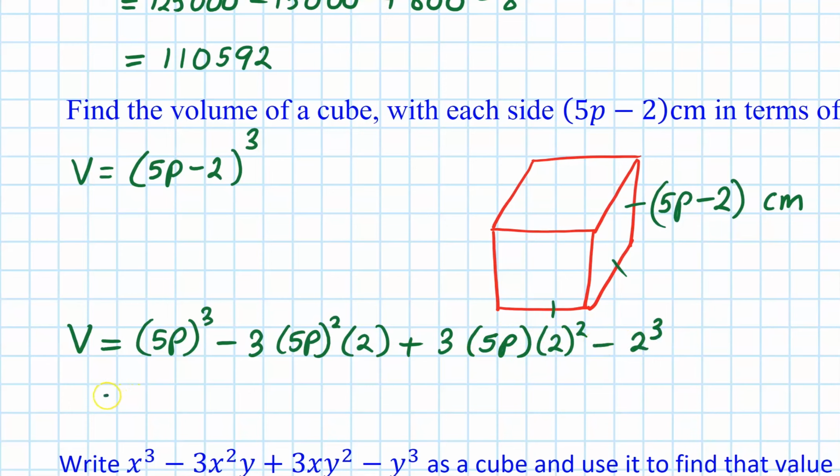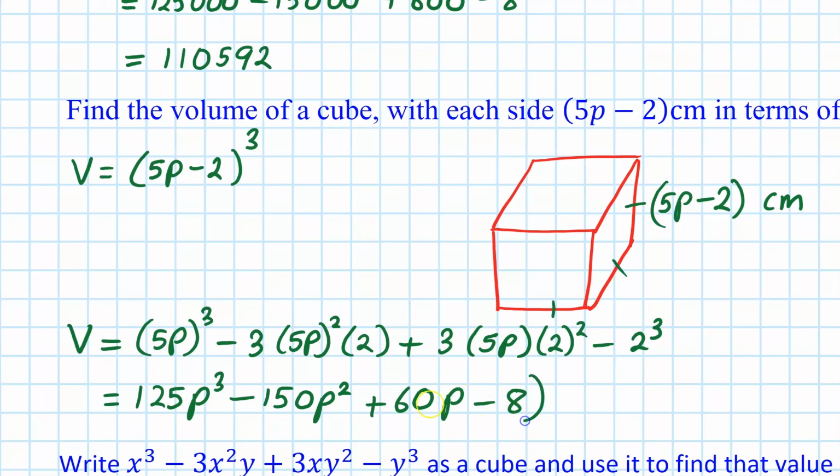Now if I expanded these brackets nicely, 5 cubed is 125, and then p cubed; 5 squared is 25 times 3 is 75, times 2 is 150... 375 times 250 p squared; 2 squared is 4, 4 times 5, 20 times 3, 60, 60p minus 8. Well, that's our volume of this cube, with each side being 5p minus 2, and the answer is in cubic centimeters.